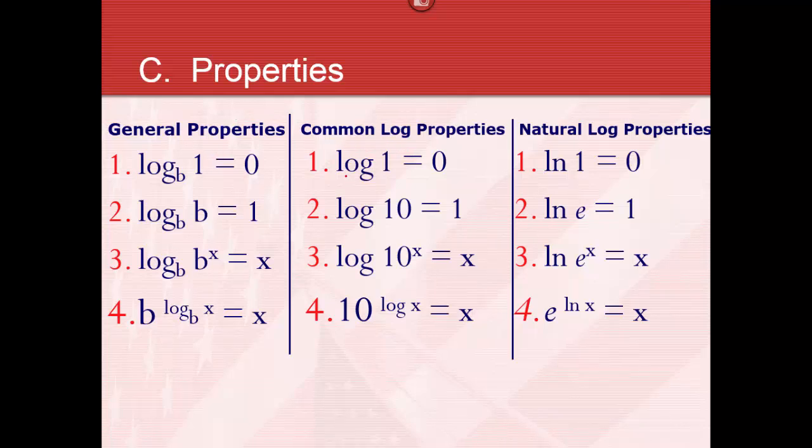The difference here is if you don't see a base on your log, then the base is 10. Your natural log properties, remember that ln is the same thing as log base e. These are your properties. They're the same properties in each section.